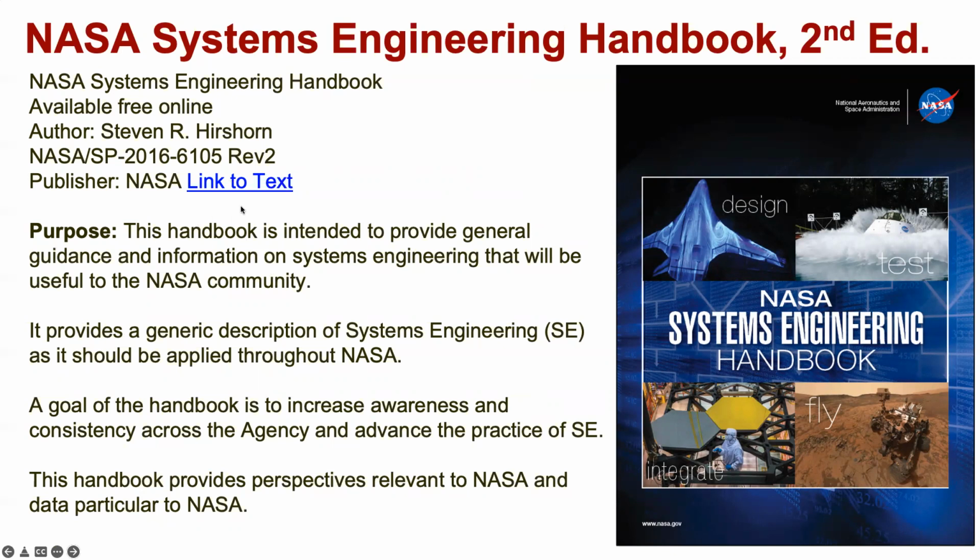I know those viewing this lecture won't be able to click on this link. And so it's trying to provide a general guide on how system engineering is done for the NASA community. And so NASA has a particular bent in how this works in terms of their process and methods. And you'll see that as we develop in this course.